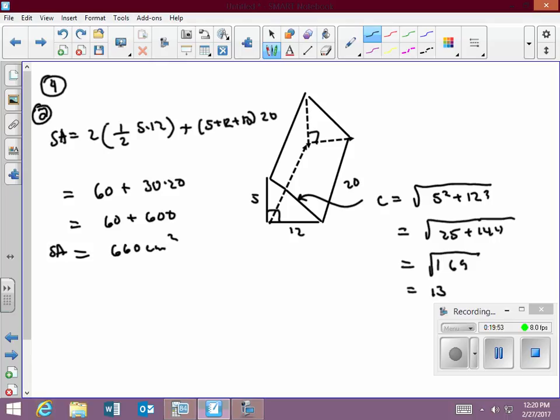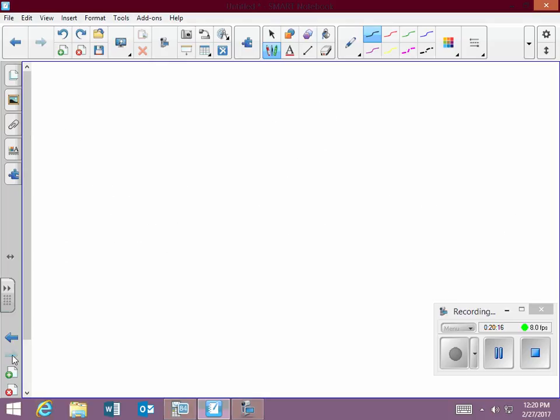So the B part says the bases of an isosceles trapezoid are 4 inches and 12 inches, and the non-parallel sides have lengths 4 and 4 square root of 2, and the height of the prism is 16. So I'm going to lay that on the side because it's easier to draw. So it's an isosceles trapezoid.